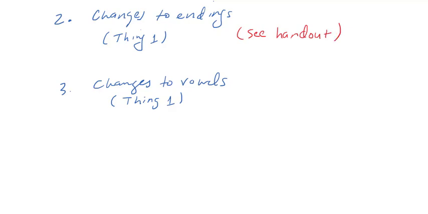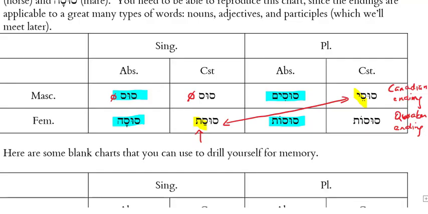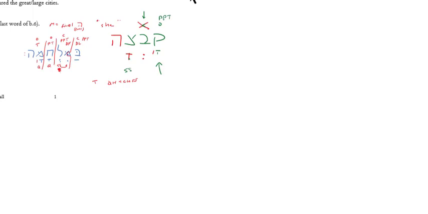Why are there no vowel changes, by the way, in the words sus and susa? Yes, because shureq is an unchangeable vowel because it's historically long. So I can't change it even if I wanted to.